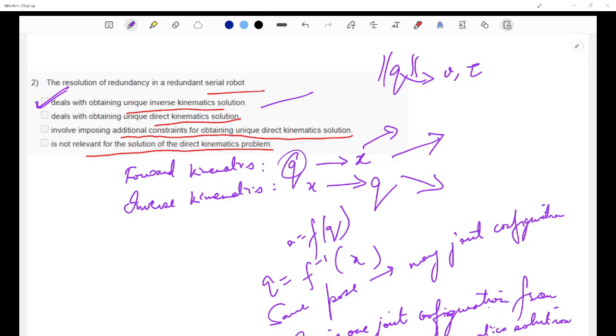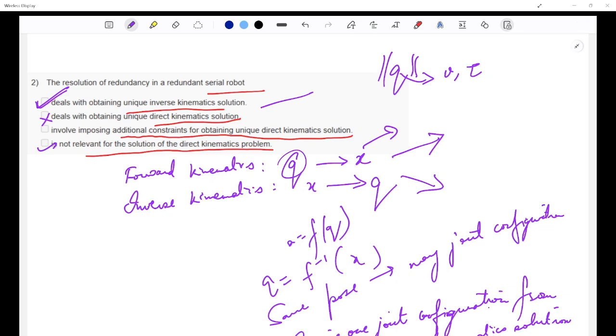So there is no redundancy resolution needed. So this is also correct. Now let's go to option B. It deals with obtaining a unique direct kinematic solution. But direct kinematics already has a unique solution. There is no ambiguity to resolve here, right? So redundancy resolution has nothing to do with forward kinematics.